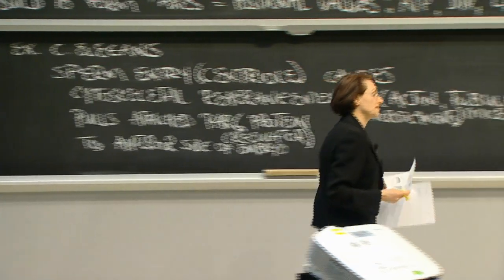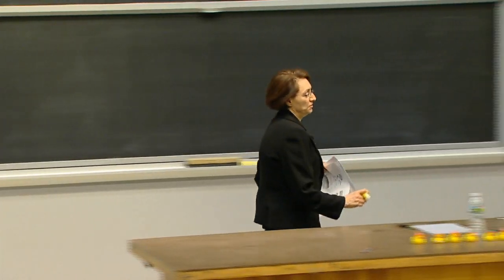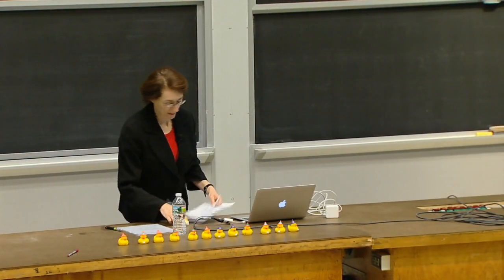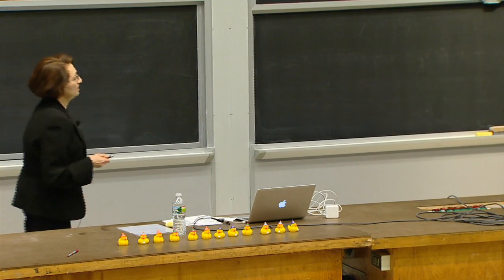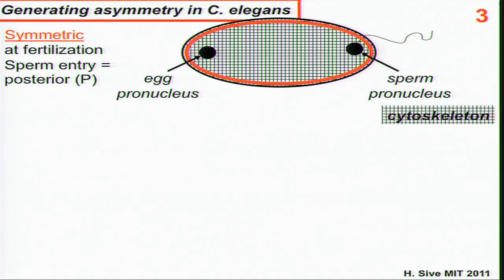Let's look at your first handout. This is a diagram of the early worm egg, actually the very early worm zygote, because here is the egg nucleus called a pronucleus. It's haploid.